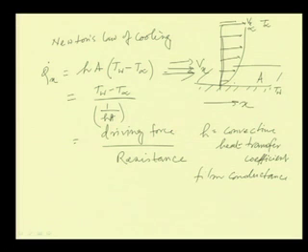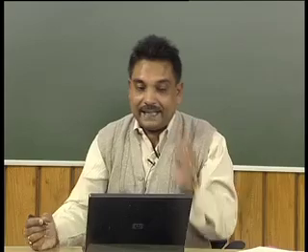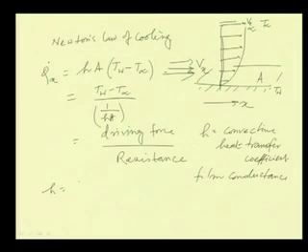So, h is a flow property, h is a fluid property also. So, h is a function of fluid properties like viscosity, density, specific heat, thermal conductivity, and flow properties like velocity.